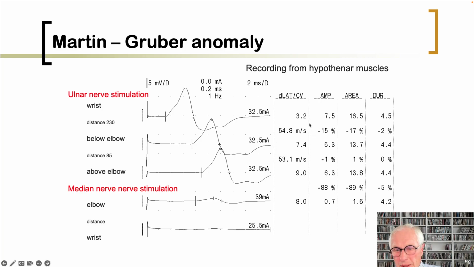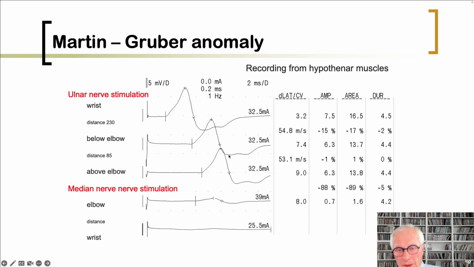Comes down from 7.5 to 6.3. 15% reduction in the amplitude here. And when we go above elbow, we don't see any change in the amplitude anymore. So most of the fibers to the ulnar nerve came somewhere in the forearm.